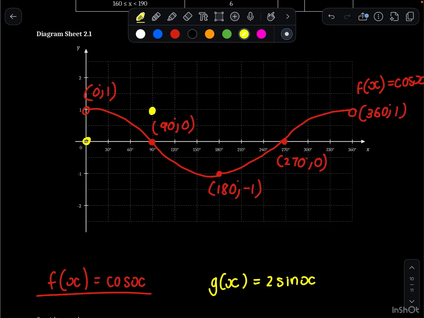When it is 180, it's back down again. 270 is down at minus 2. 360 is back on 0, yeah, that should not be included. Okay, we just connect these again.